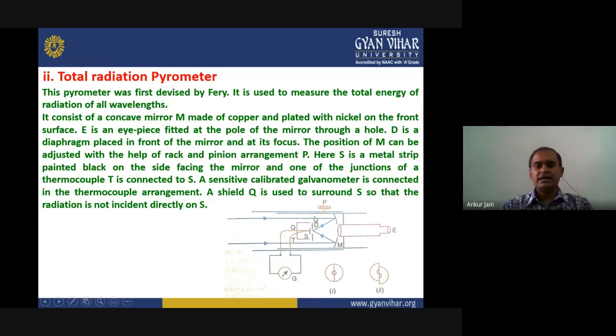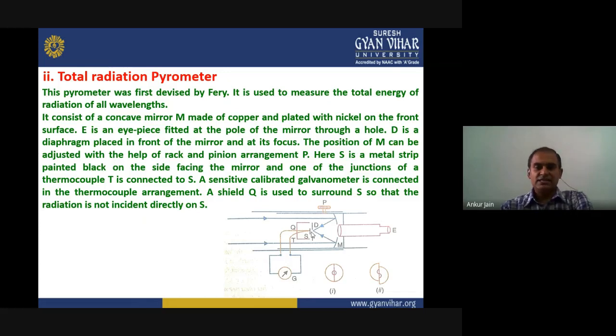Second, D is a diaphragm, which is placed in front of the mirror. The position of M, the concave mirror, can be adjusted with the help of a rack and pinion arrangement, which is P. The next thing is S, a metal strip painted black on the side facing the mirror, to make it a black body.